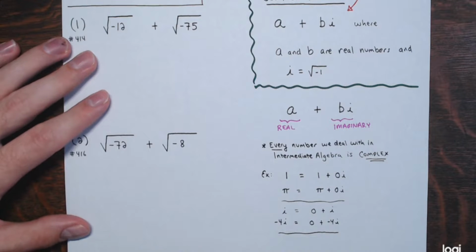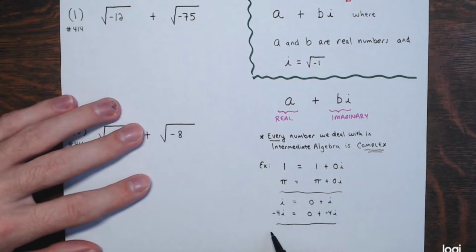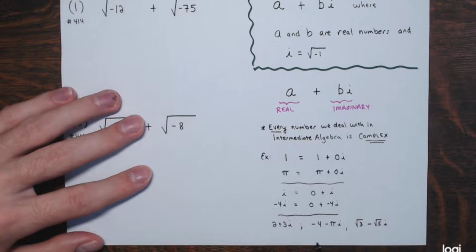Then any combination of reals and imaginaries is complex. 2 plus 3i, real plus real times i, that's a complex number. Negative 4 minus pi i, that's a complex number. Square root of 3 minus the square root of 5 times i, that's a complex number.